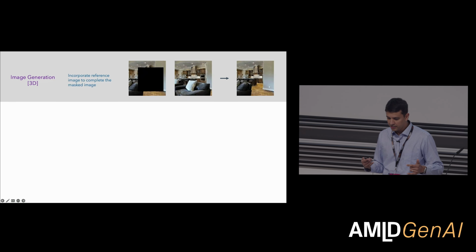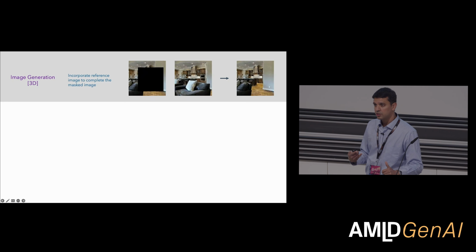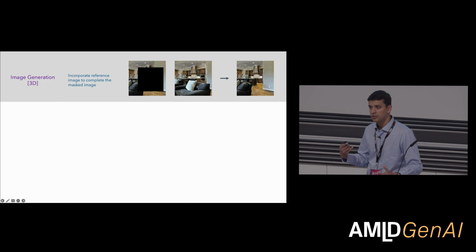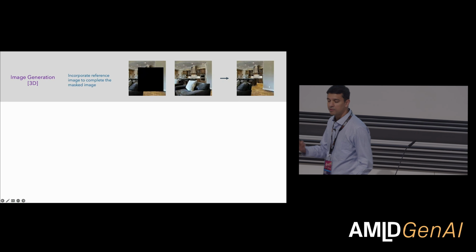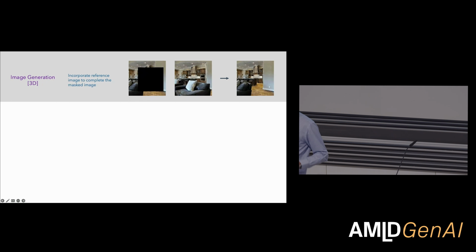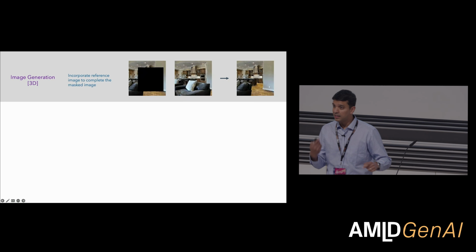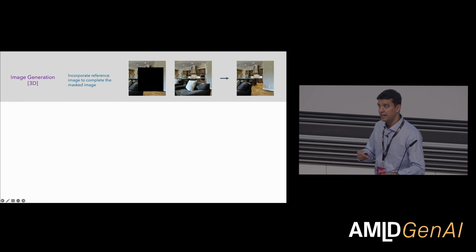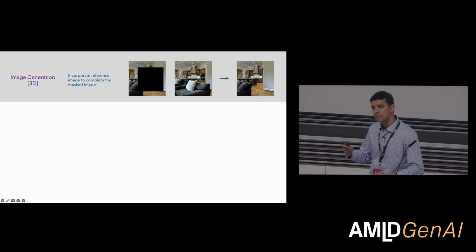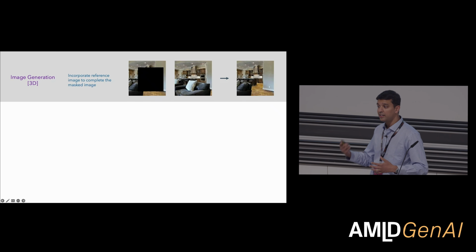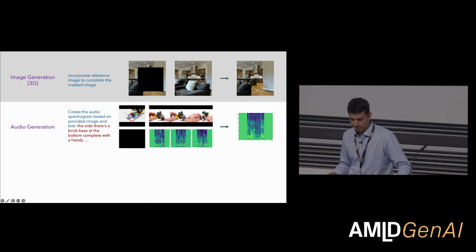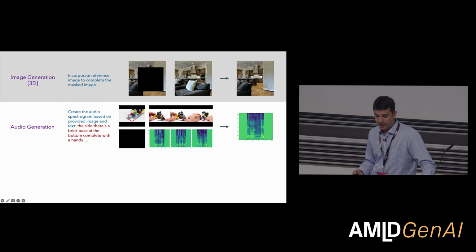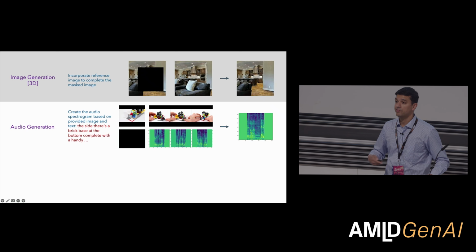What you're seeing here on the left is a masked image, and the model must learn to infer what might be behind that mask, but it has access to a different view of the scene. In a sense, you're informing the model about the 3D nature of the world. So this allows you to pre-train models that might be capable at performing some sort of 3D reconstruction tasks or 3D aware tasks downstream.